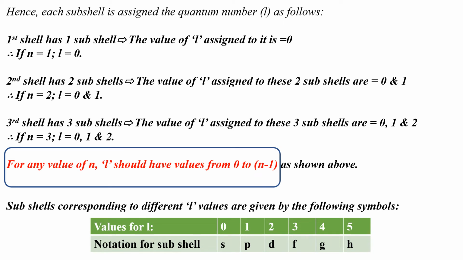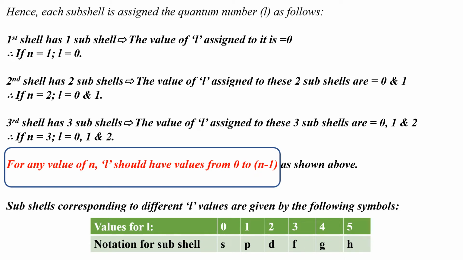Now, each subshell is assigned the quantum number L. The quantum numbers allotted to them are not 1, 2, 3 according to the shell, like what we saw in the earlier tabulation. We shall assign quantum number L for each of the subshells in the following way. First shell has 1 subshell, so the value of L assigned to it is 0. The first value of L is 0.